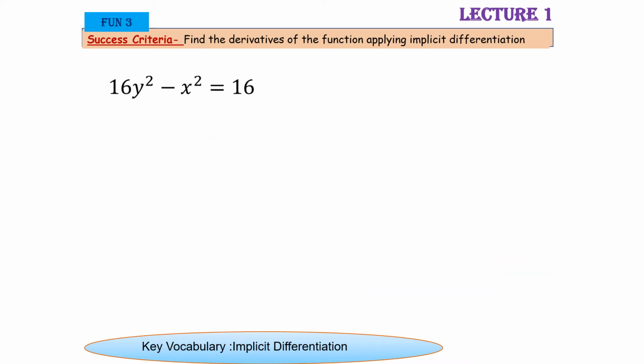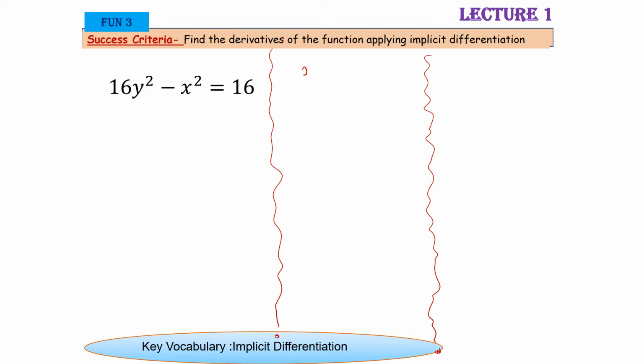Now let's see how to take the derivatives in implicit differentiation. Before we start solving the question, understand the idea of implicit differentiation. Let's check what we have done previously in explicit differentiation and how we will find the derivatives of implicit functions.